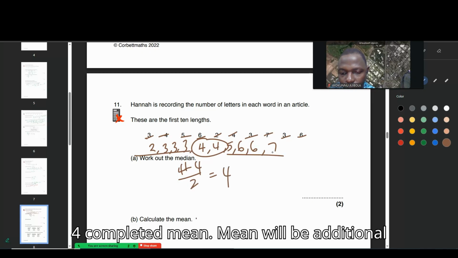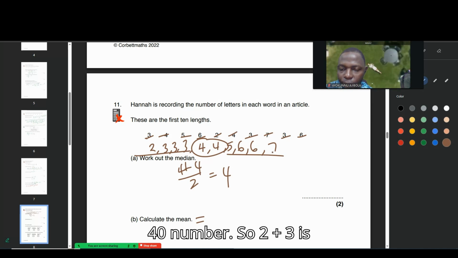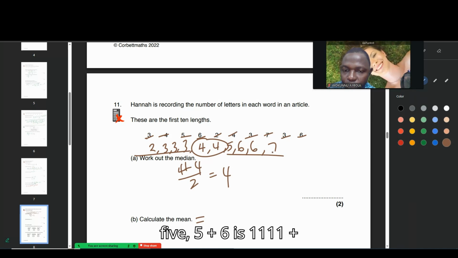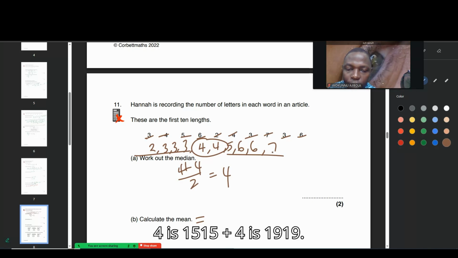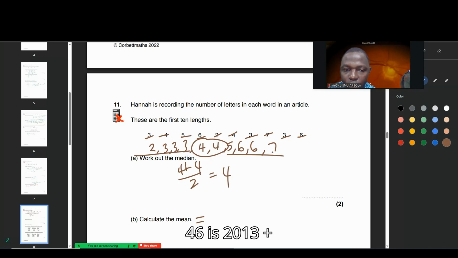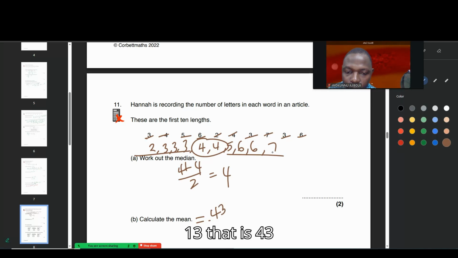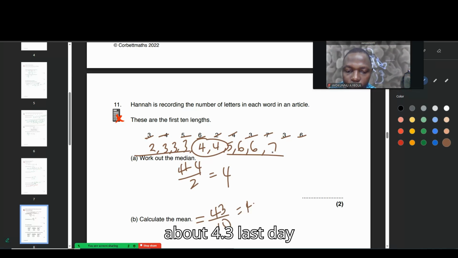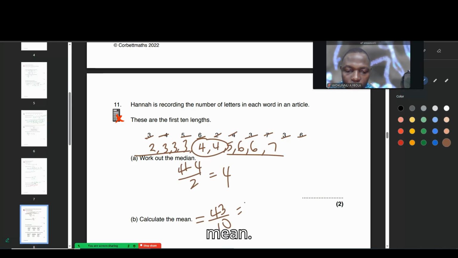Calculate the mean. The mean will be the addition of all the numbers. 2 plus 3 is 5, 5 plus 6 is 11, 11 plus 4 is 15, 15 plus 4 is 19, 19 plus 5 is 24, 24 plus 6 is 30, 30 plus 13 is 43. So 43 divided by 10 gives 4.3 as the mean.